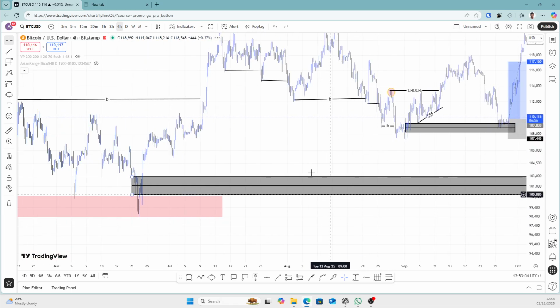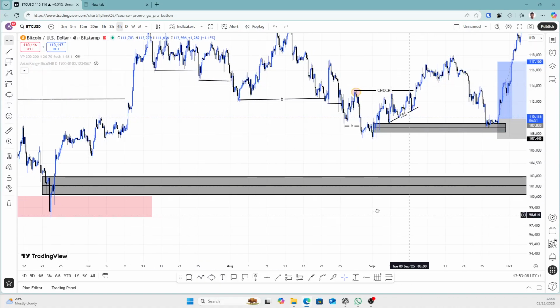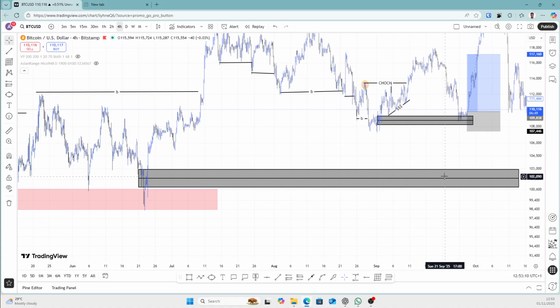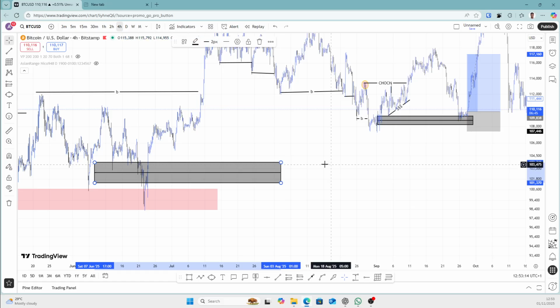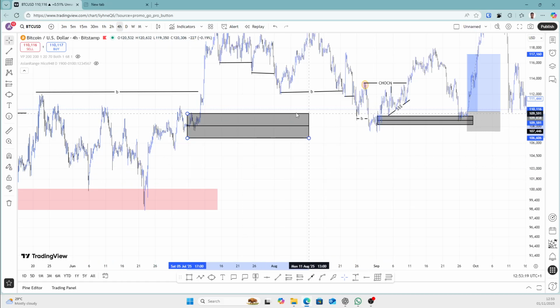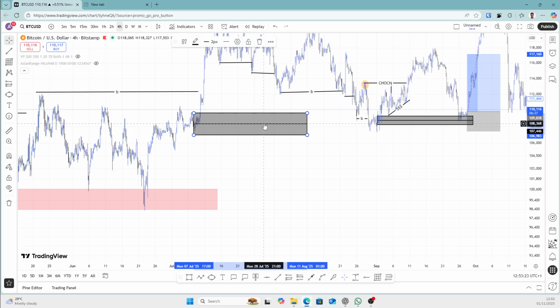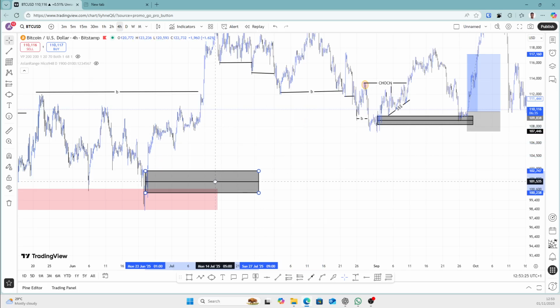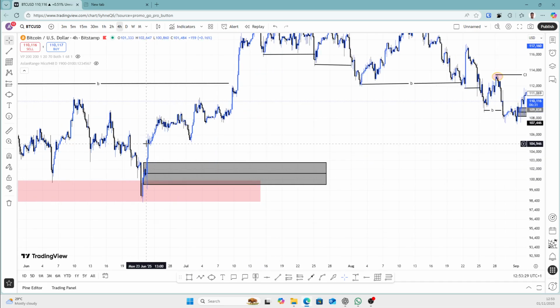I know very well that this market is likely to react from this zone where the impulsive move started, because an order block, by definition, is simply an area where an impulsive move started from. So I know that this market is likely to react from this zone here, or from this zone below, because I can see that an impulsive movement started from this zone, while from here equally an impulsive movement started.